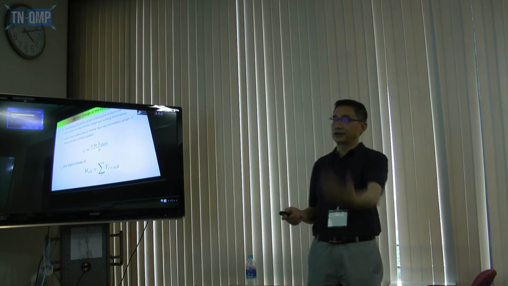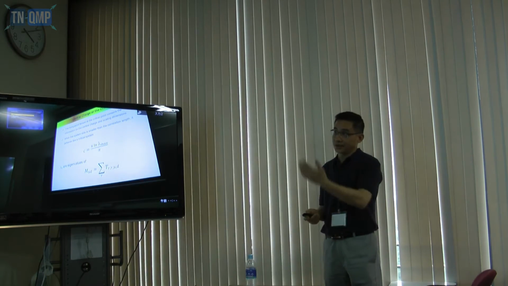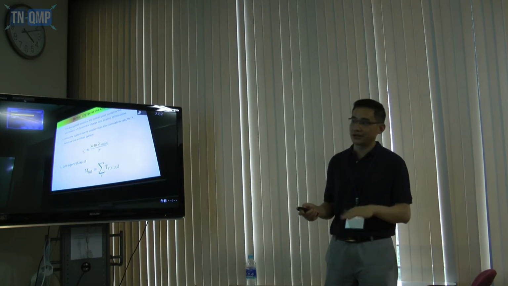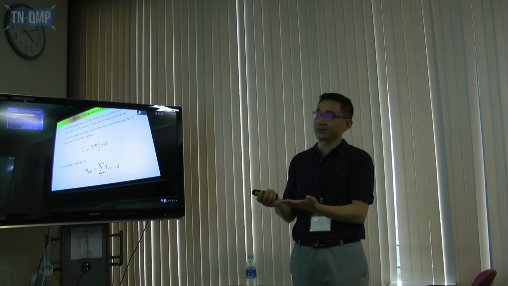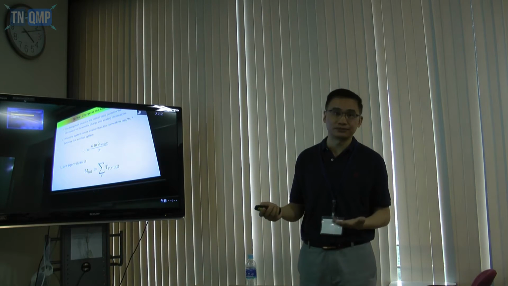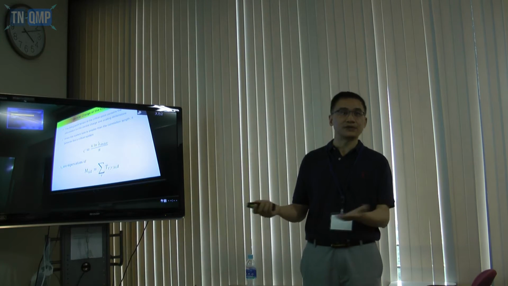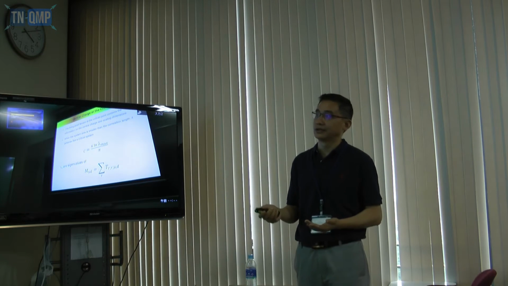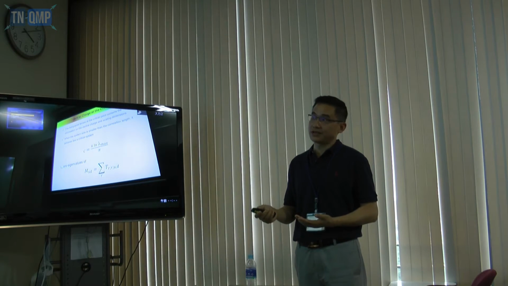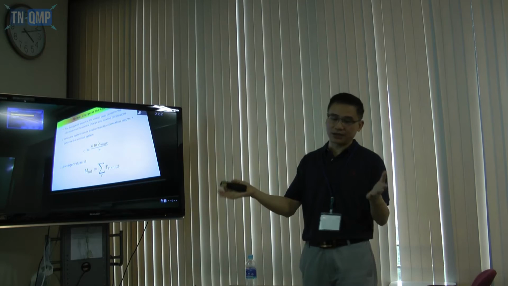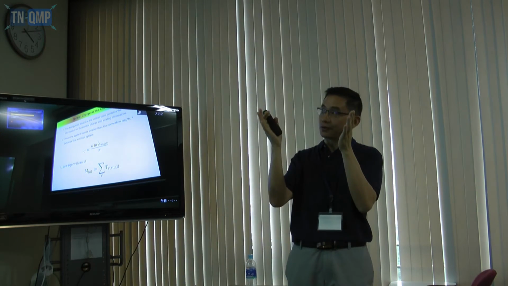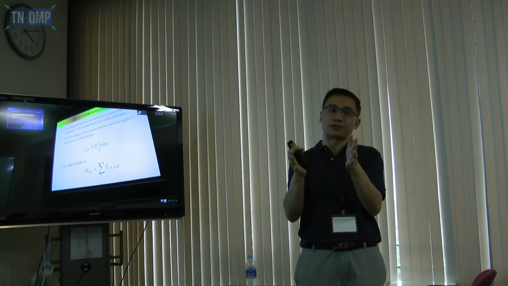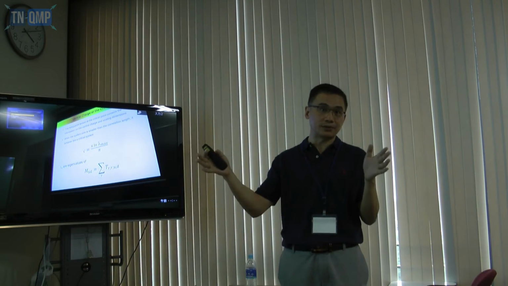From this kind of calculation, of course, you can read out different kinds of information. For example, one is the central charge. The reason is that if the system size is not infinite, then the size is always smaller than the correlation length at the critical point.